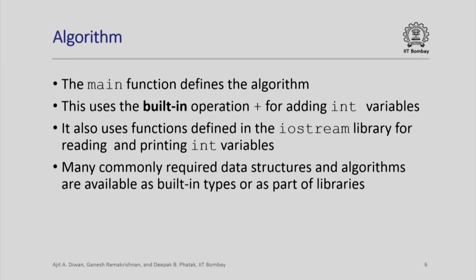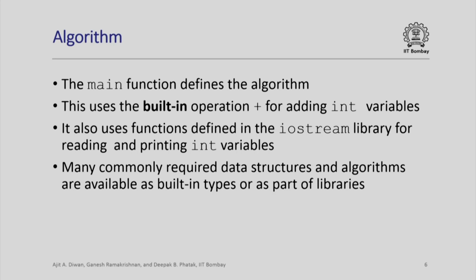Now in this case, the algorithm used is just the main function. This again uses the built-in operation plus for adding int variables. You do not need to specify how to add two integer variables, because the addition operation is already built in for int variables. This also uses functions for reading in and printing int variables.